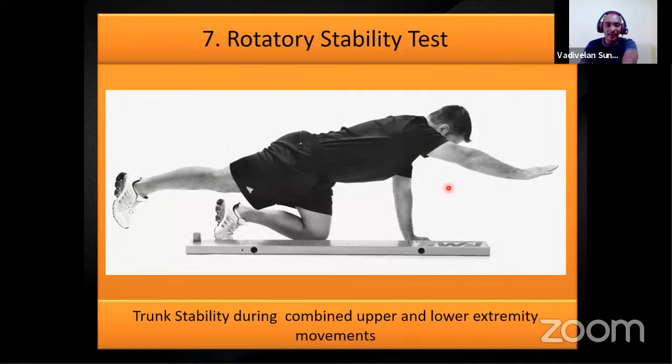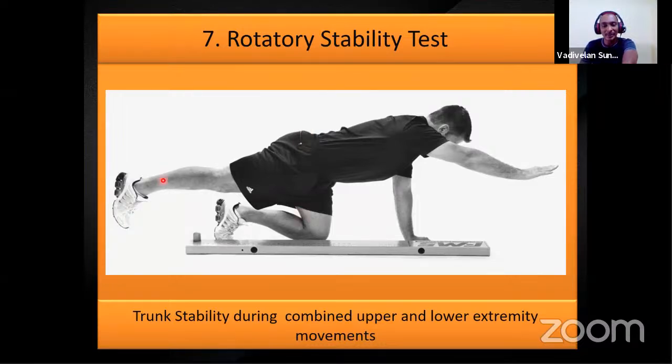And for rotatory stability, you can test it in the quadruped position. The trunk needs to be stabilized. Many times your stabilizers, especially your oblique muscle, are not stabilizing your pelvis, so automatically the trunk is rotated upward.